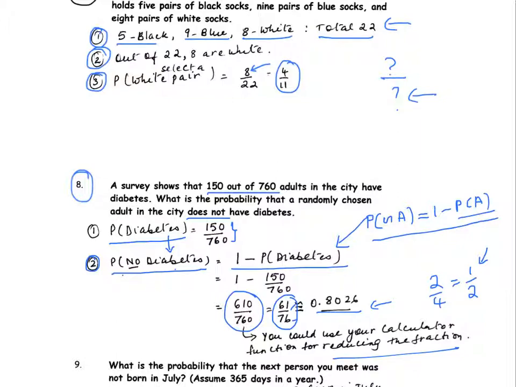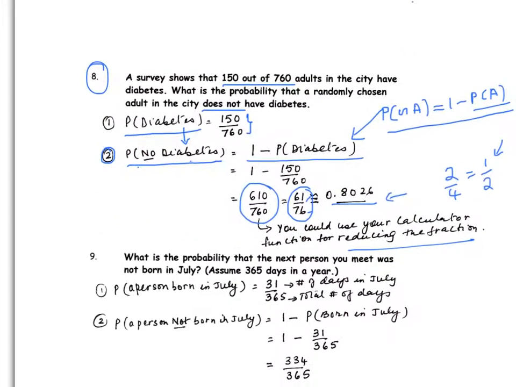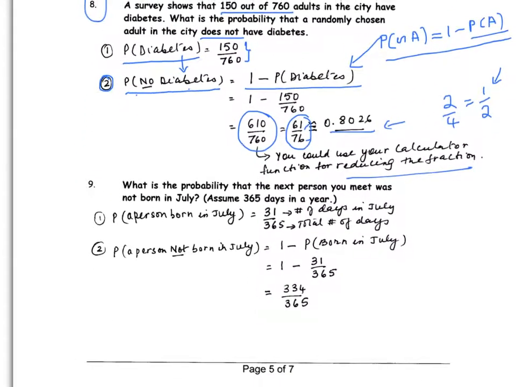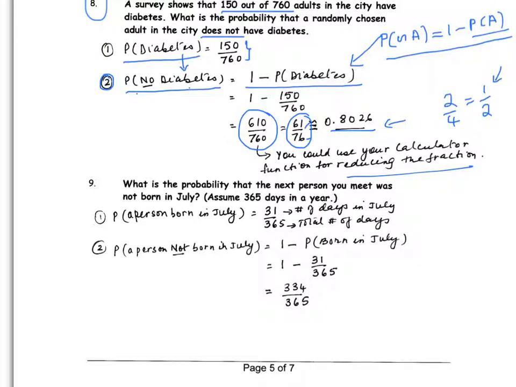The next problem, let's look at 9. What is the probability that the next person you meet was not born in July? So what is the probability that a person is not born in July?